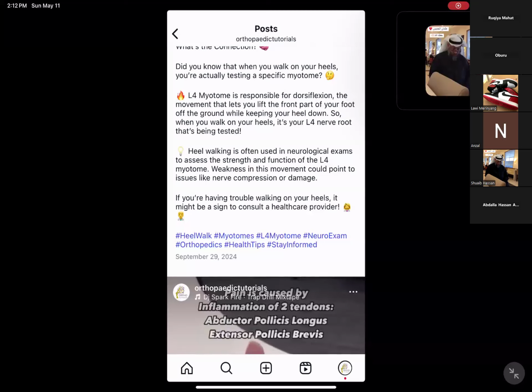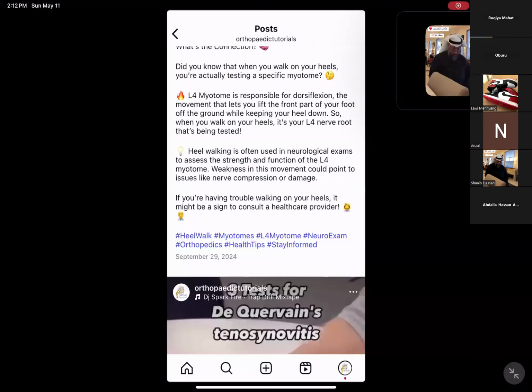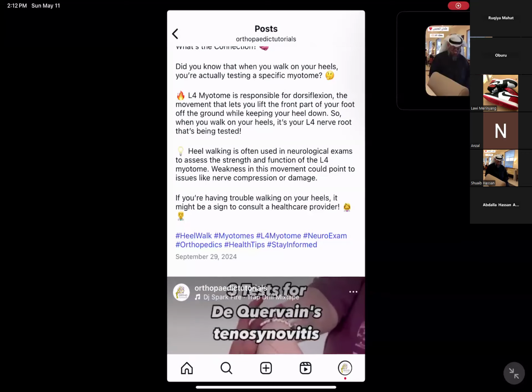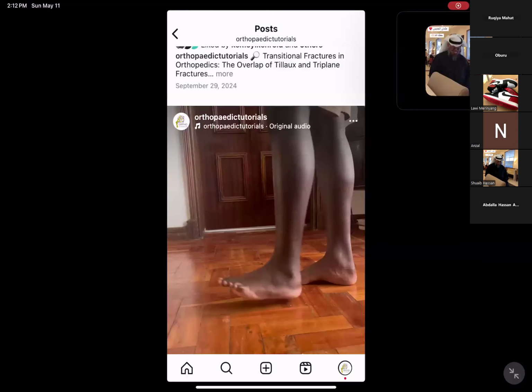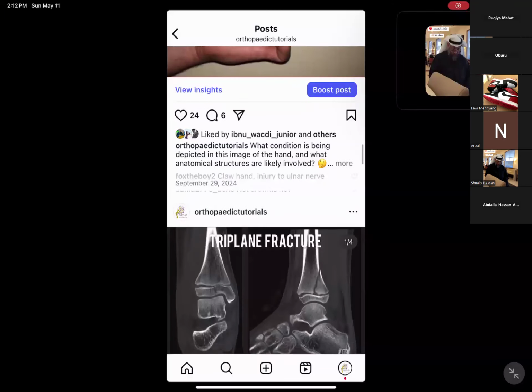If you're walking tiptoeing, it's the S1 myotome that is being used. So make sure you know the myotomes. You really must know the myotomes of the upper limb and the myotomes of the lower limb. Okay, that is more important than any crazy thing.